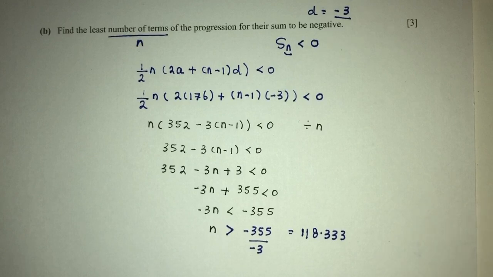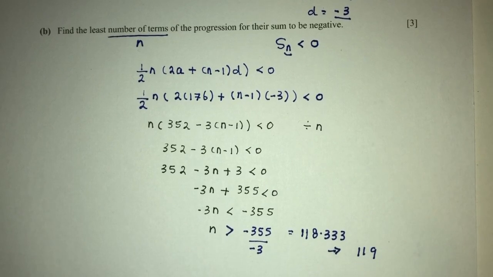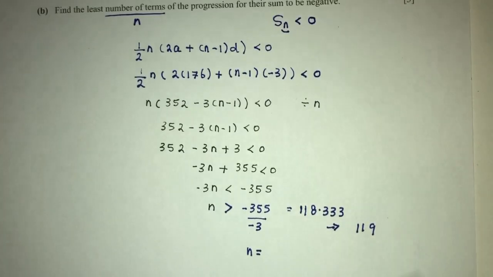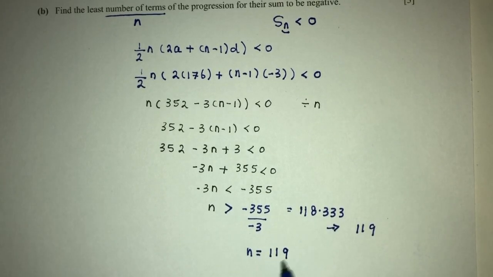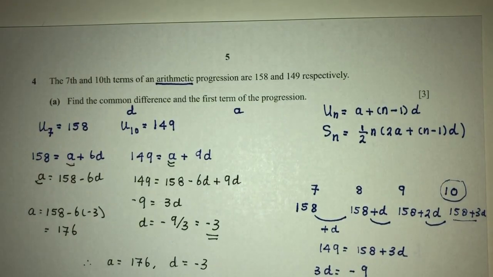Integer means has to be a whole number. n has to be more than this, so the next whole number will be 119. So your answer will be, the least number of terms will be 119 for S of n to be negative. And that is question number 4. Okay.